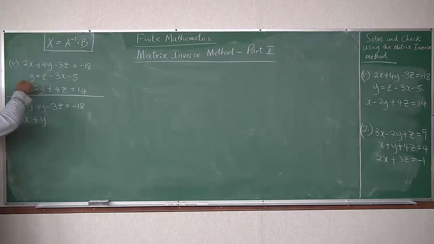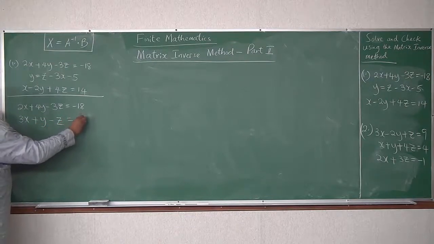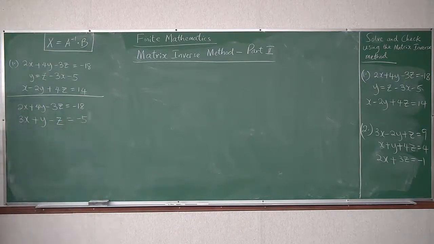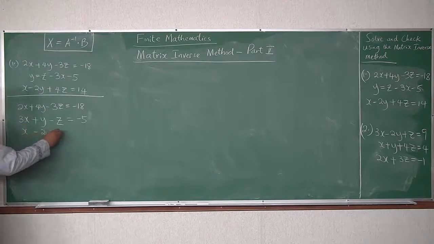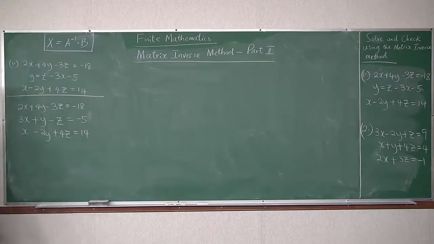When z comes over to the left hand side, it becomes minus z. And that will give us minus 5. So it is now complete, and we have aligned equation 2. Then equation 3, x minus 2y plus 4z equal to 14. So we got it now.